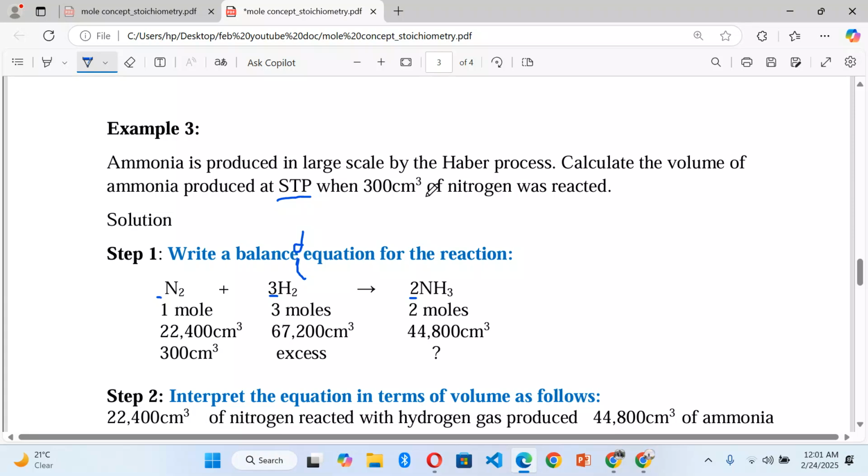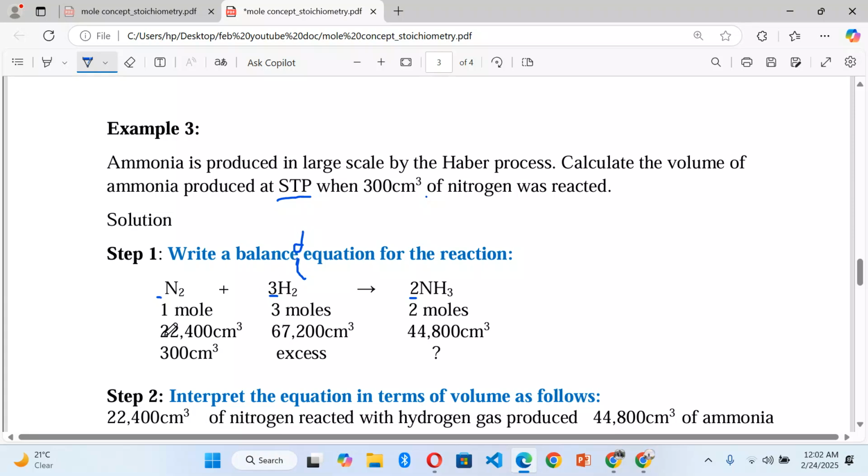As I said, those who have not yet gone through our previous session, let's go back and go through it. All that has been explained there under molar gas volume. So we say that 1 mole of a gas at STP occupies 22,400 cubic centimeters. The reason why we're using cubic centimeters is because the question is given in cubic centimeters.